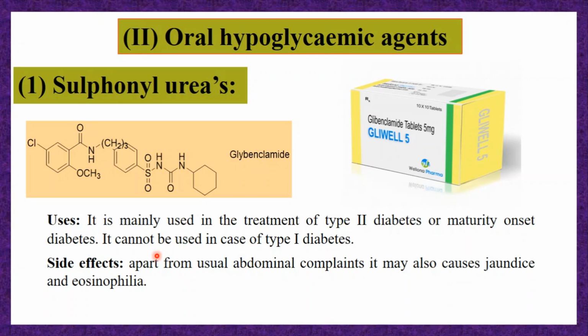It is used in the treatment of type 2 diabetes or maturity onset diabetes, and it cannot be used in type 1 diabetes. The side effects are, apart from the usual abdominal complaints, it may also cause jaundice and eosinophilia.